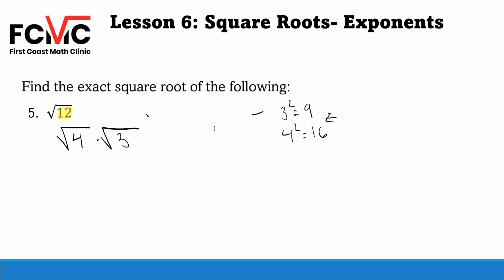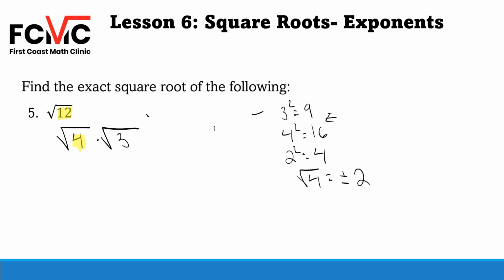Well, if I'm looking at the 4, I notice 4 in particular is a very specific type of number. 4 is a perfect square, right? So we know our square root of 4 is going to give us, from the previous example, positive and negative 2.